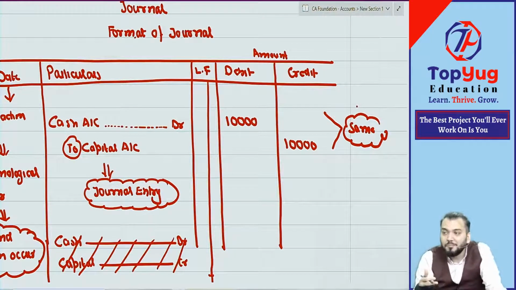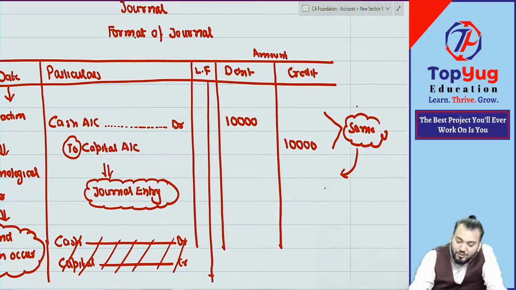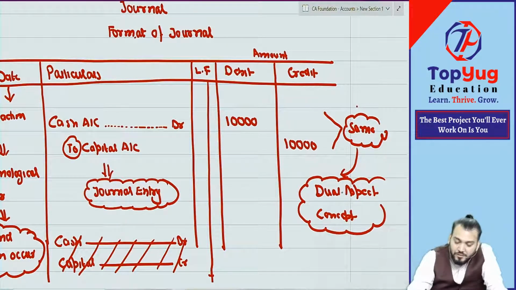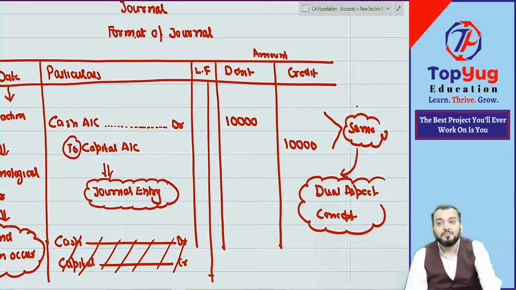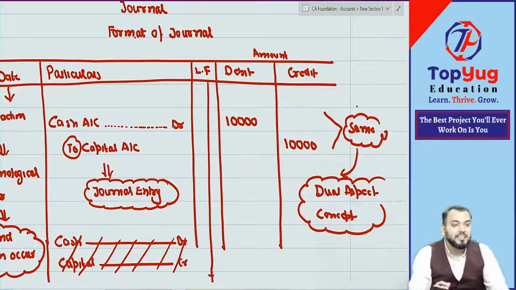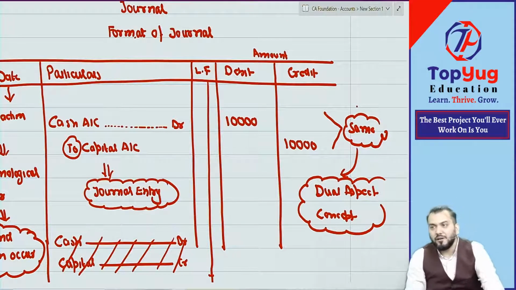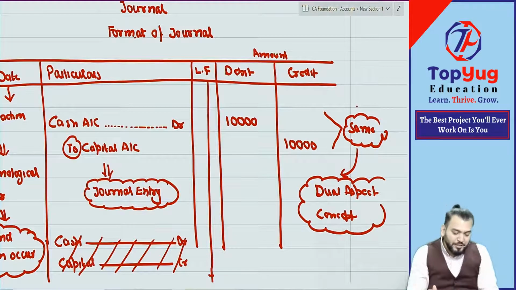Amount debited must be equal to amount credited, and this is nothing but which concept? Dual aspect concept. Have you understood this point? So amount debited must be equal to amount credited, and this is nothing but the dual aspect concept. Understood this much?